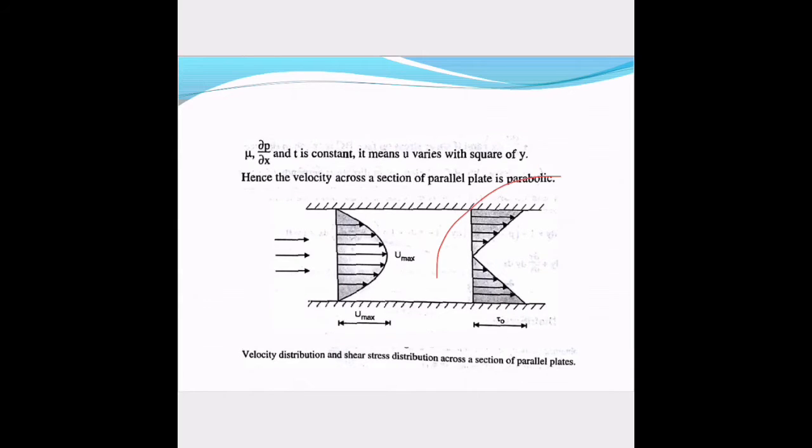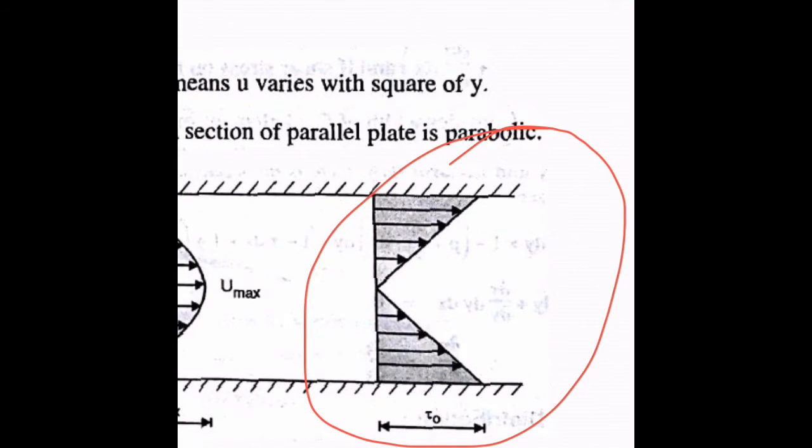Okay, can you see the figure? In this figure it is clear that the maximum shear stress occurs near the two solid boundaries, and minimum shear stress will occur near the center of the plate.